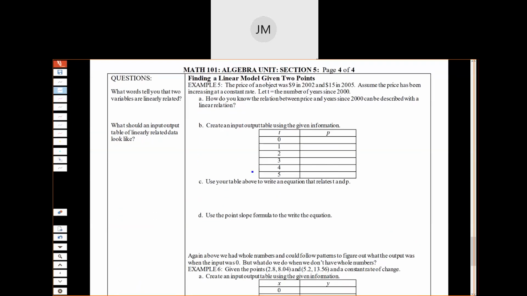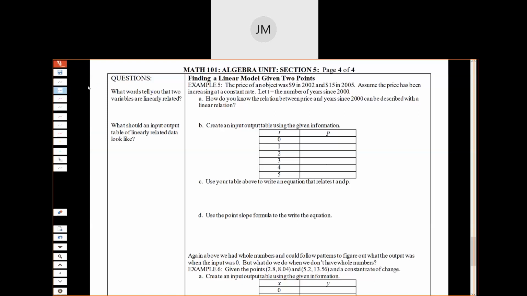Now let's get back to modeling, which means we need to have some sort of context and not just x and y values. So let's suppose the price of an object was $9 in 2002 and $15 in 2005. The price has been increasing at a constant rate, and let's let t equal the number of years since 2000.